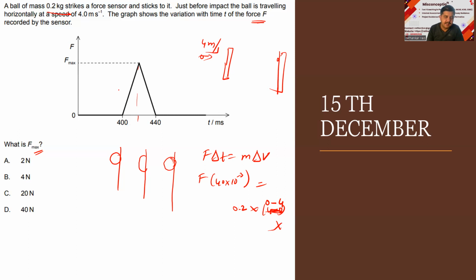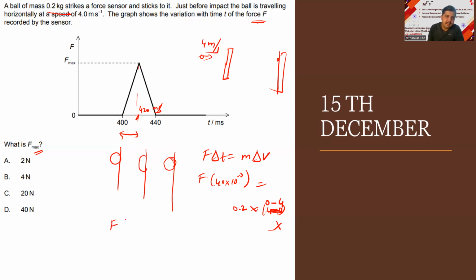The reason is that he has asked about the maximum force. So when does the maximum force arise? It arises in this duration, which ends at 420 milliseconds. So your delta T here is not 40. It should be 420 minus 400, which is 20.